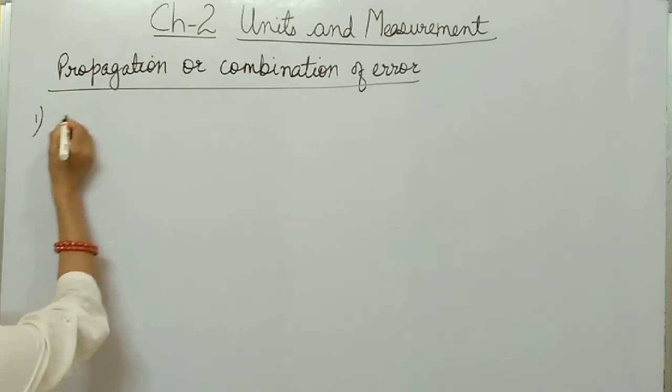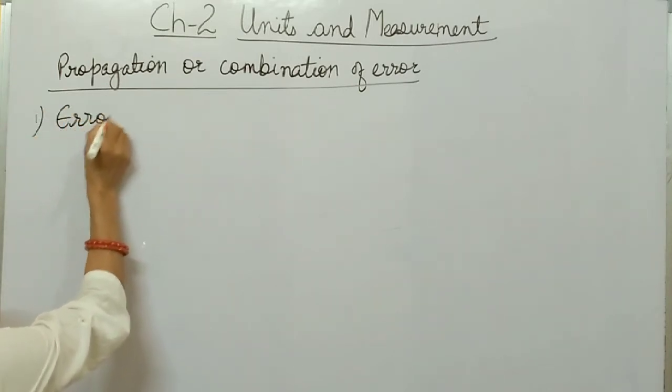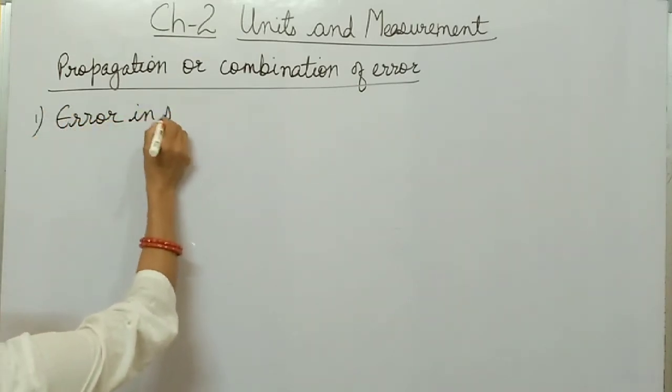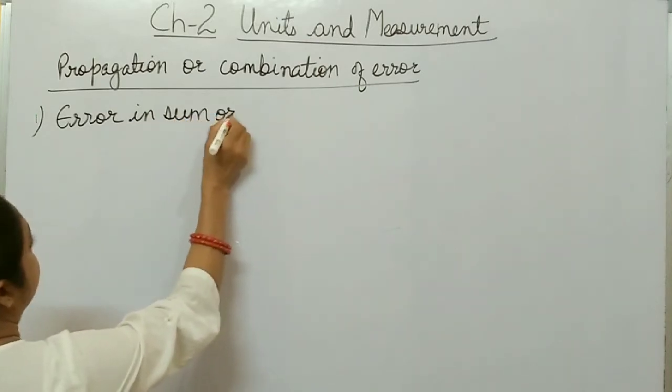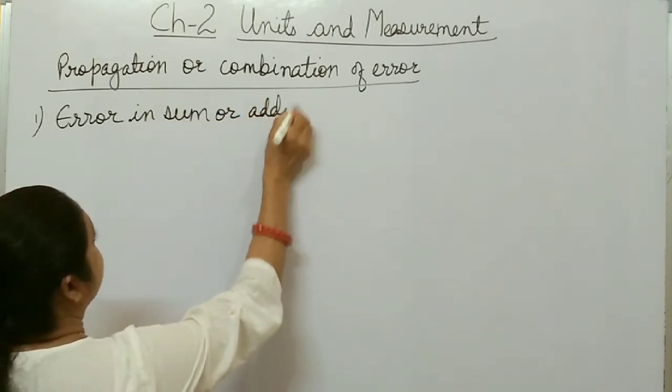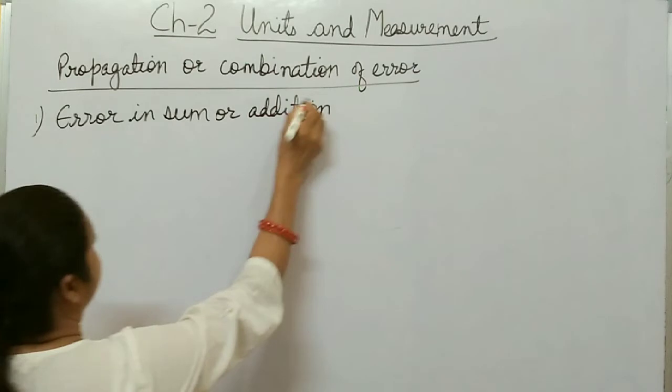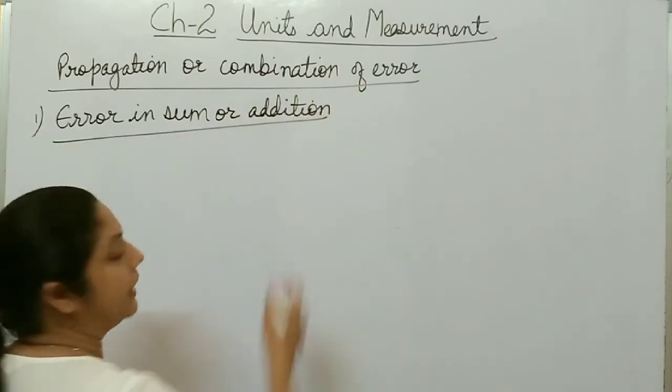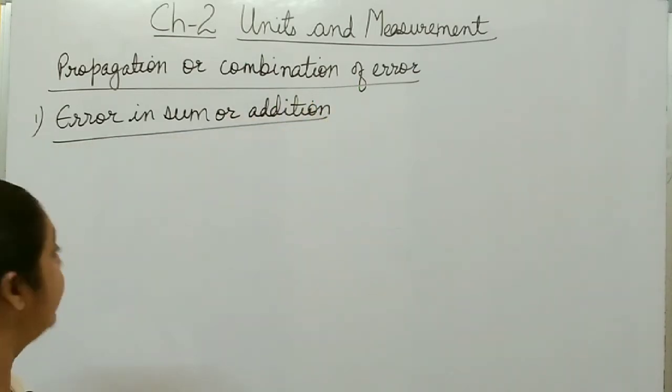First, I will discuss error in sum, addition. When two quantities are added, how do errors propagate?